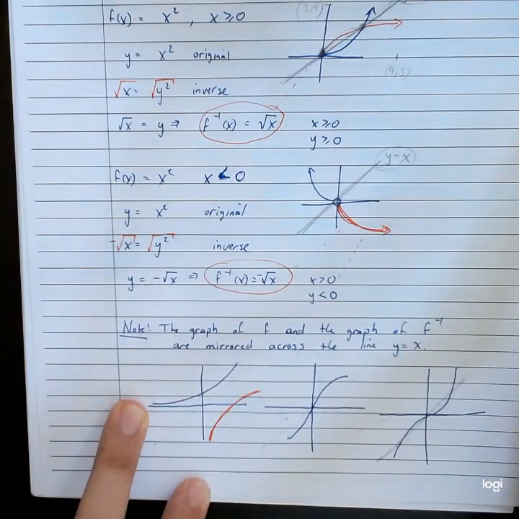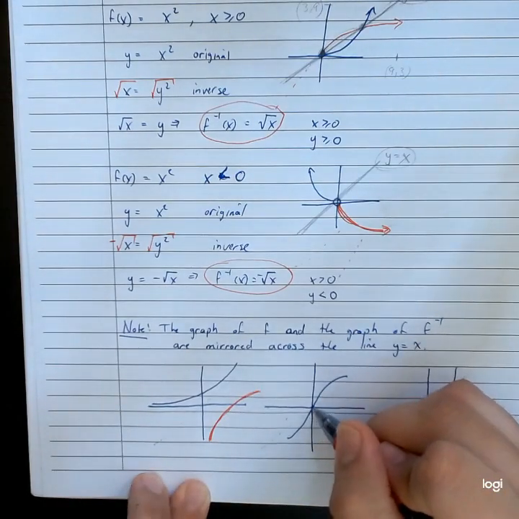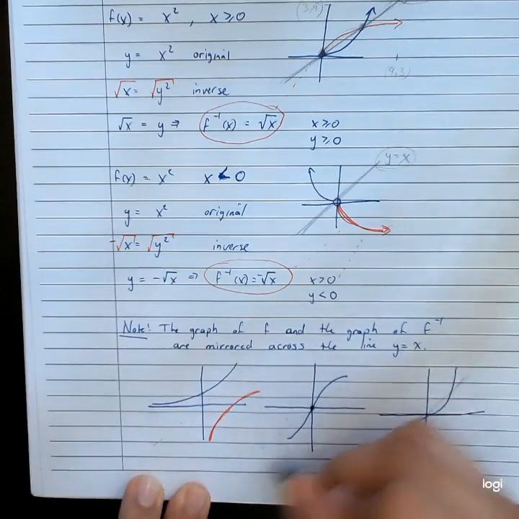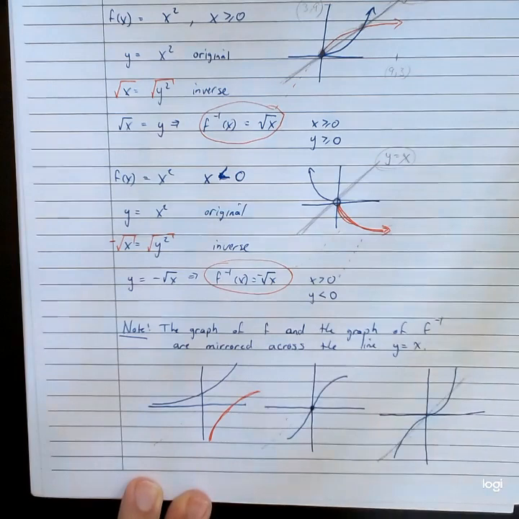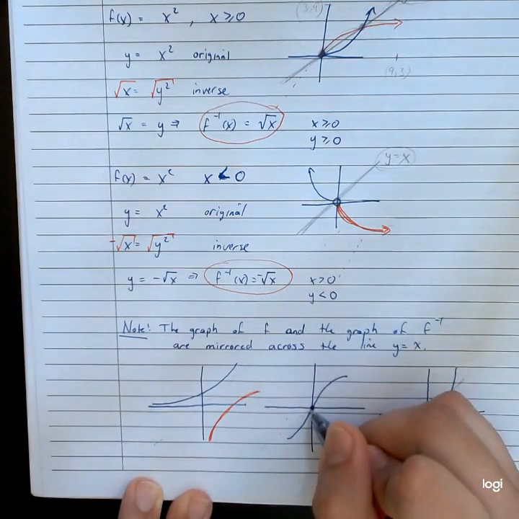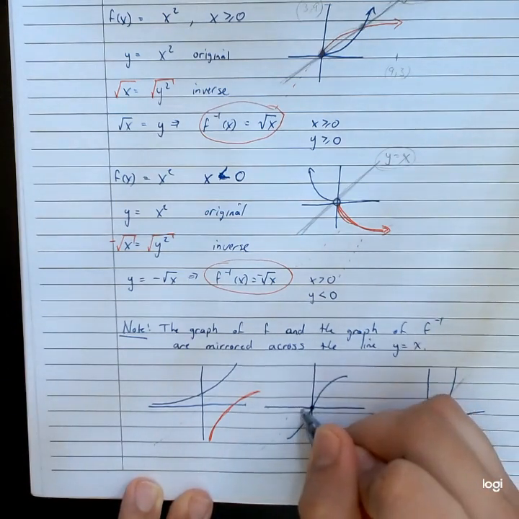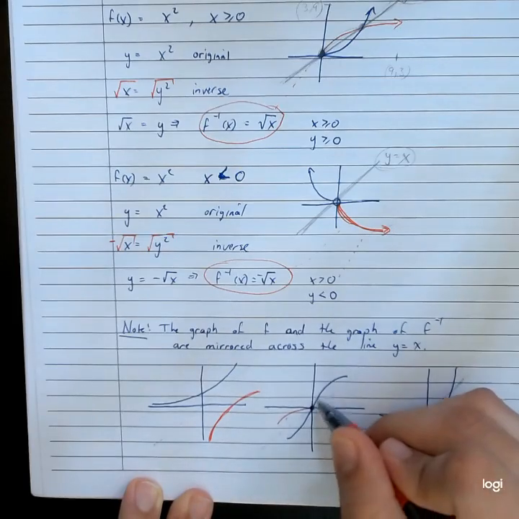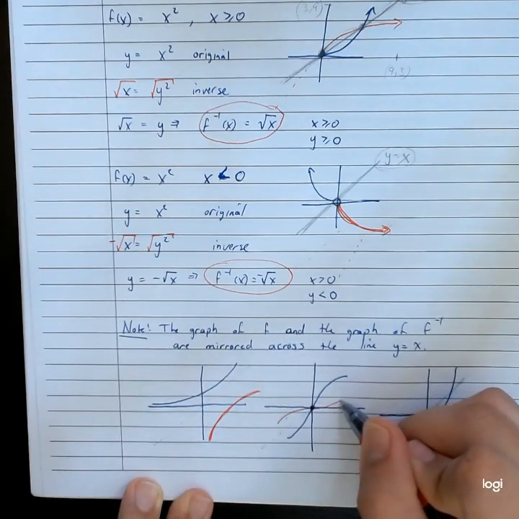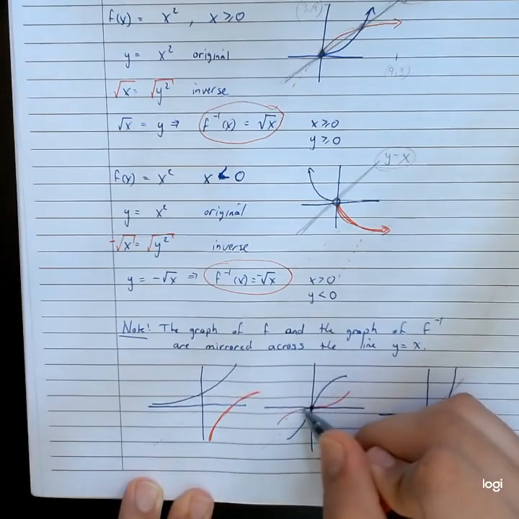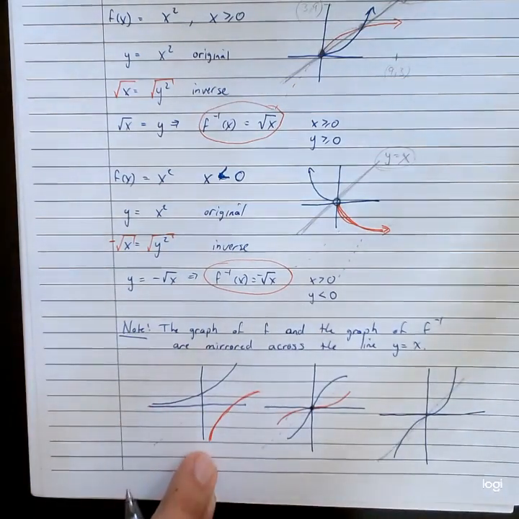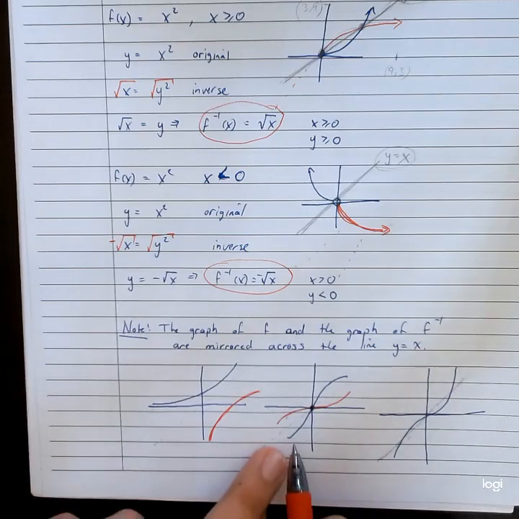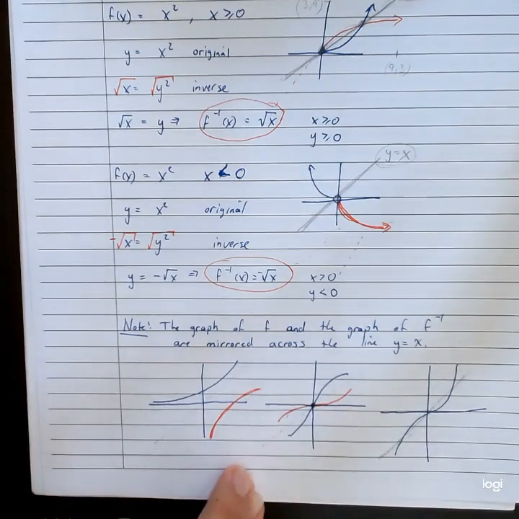It's a mirror image. Here, this point touches the diagonal line, which means that on the inverse, that point would also touch the diagonal line. But now everything below here is now reflected up above here. Everything above here is now reflected down below here. So if the one in blue is the function f, the one in red is f inverse. If the one in blue is g, the one in red is g inverse.